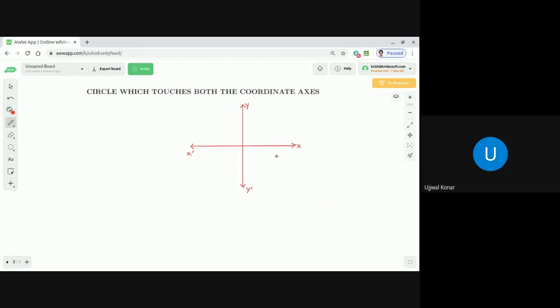Now the circle we are going to construct touches both the coordinate axes. So what will the picture look like? It will be something like this. Let me first present it here, so that it will be more accurate.